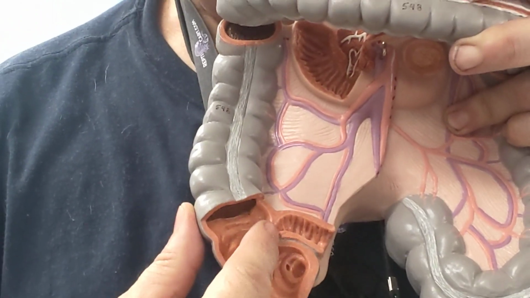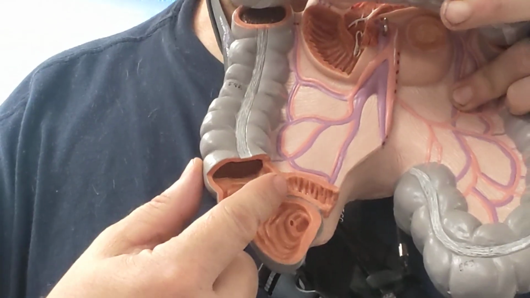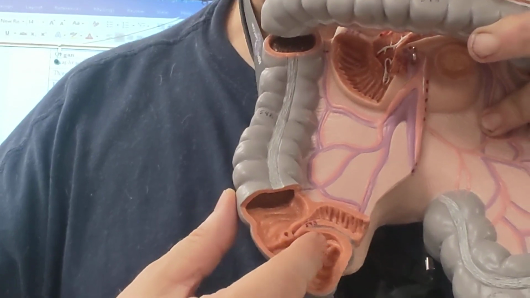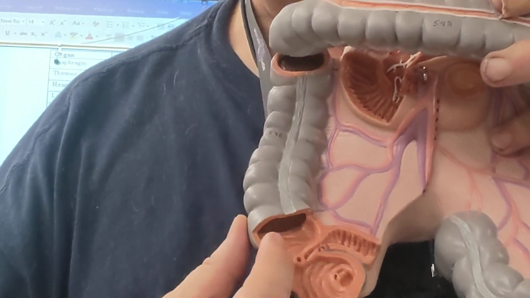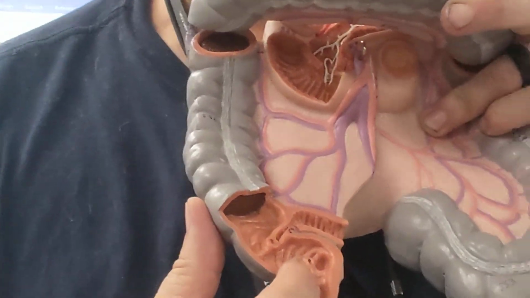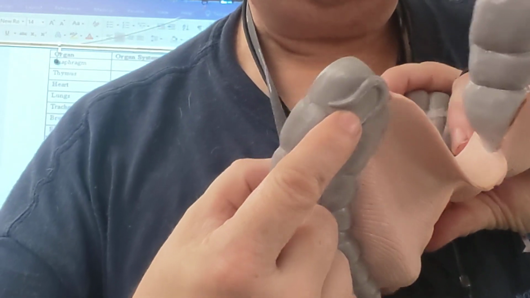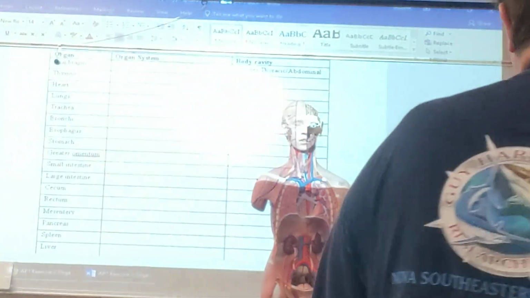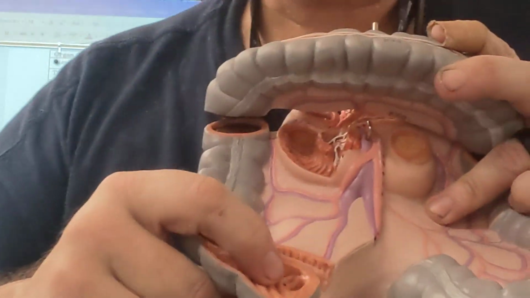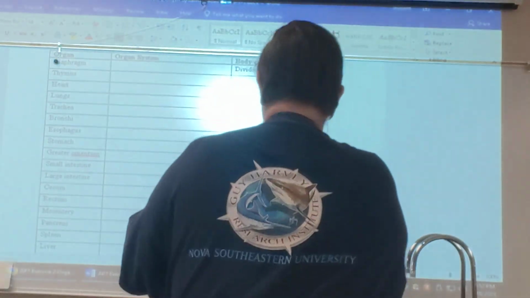Right here we have the ileocecal valve that controls flow, and it will eventually let the future feces come in, and they could be in the cecum part or then ascending colon. With the cecum part here, you see how it looks like it goes down, and it does. That's the appendix, the vermiform appendix. So the opening to the appendix is much bigger than the whole appendix. Okay, so you've got that.